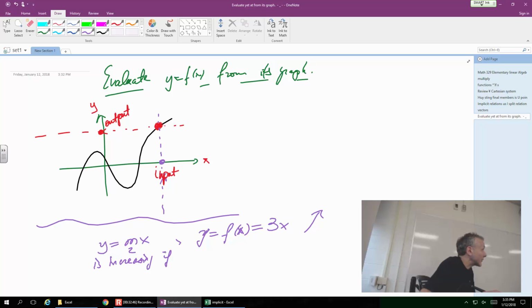For y equals mx, the derivative is m. So whenever the derivative m, also known as the slope because it's a straight line, is positive, we have an increasing function, and it is decreasing when it is negative. And then there is also constant if m is equal to 0.